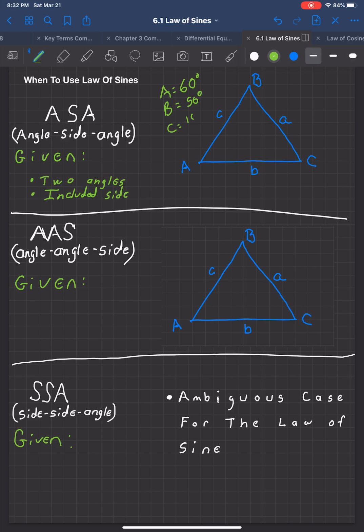We'll say it has a length of 10. Ready? So let's draw that out. So I'd have 60 degrees here, I'd have 50 degrees here, and I'd have a length of 10 here. All right, now, are you with me? So this triangle is an angle side angle triangle.